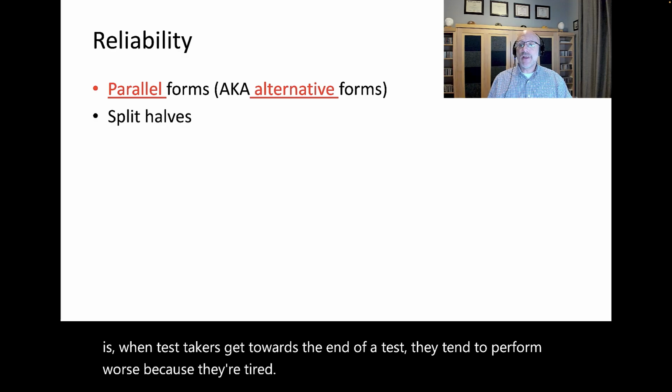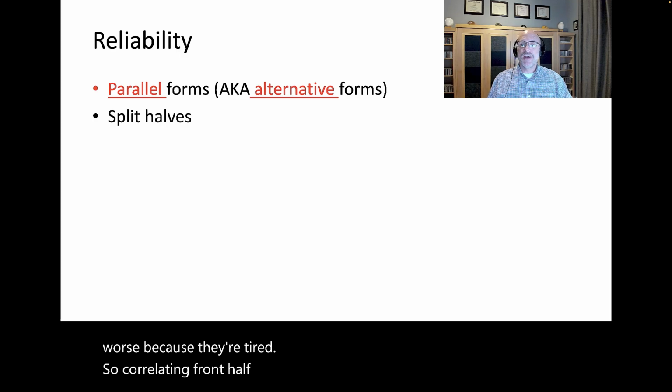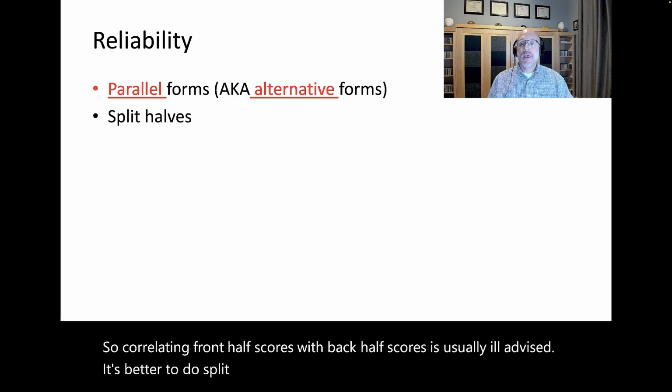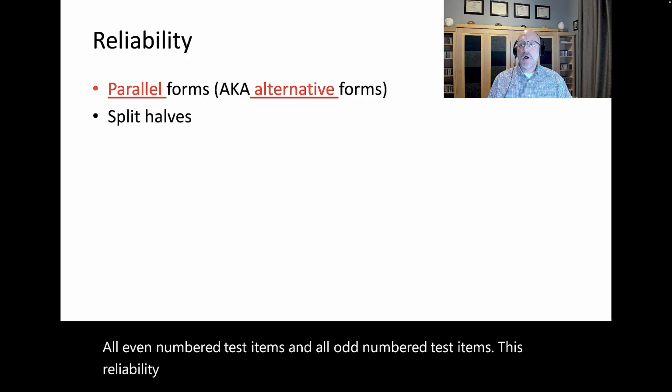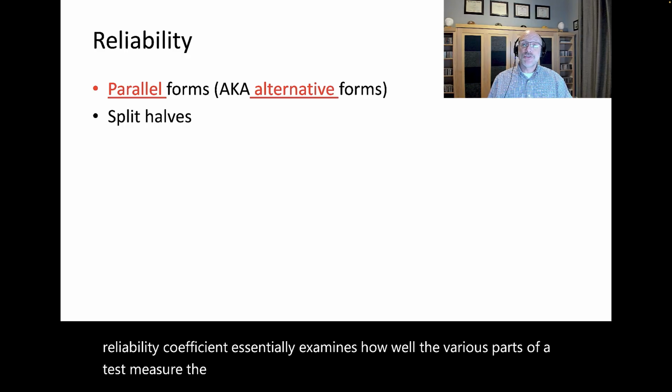So correlating front half scores with back half scores is usually ill-advised. It's better to do split halves reliability by examining the correlation between all even-numbered test items and all odd-numbered test items. This reliability coefficient essentially examines how well the various parts of a test measure the same thing, which is a good thing.